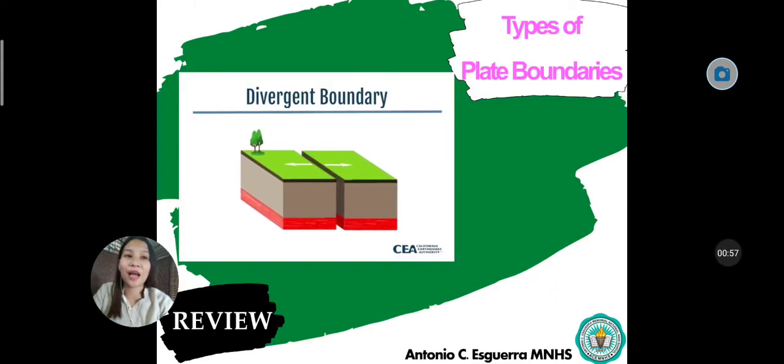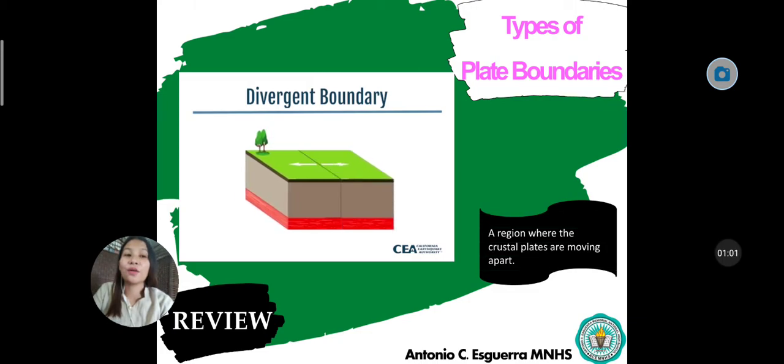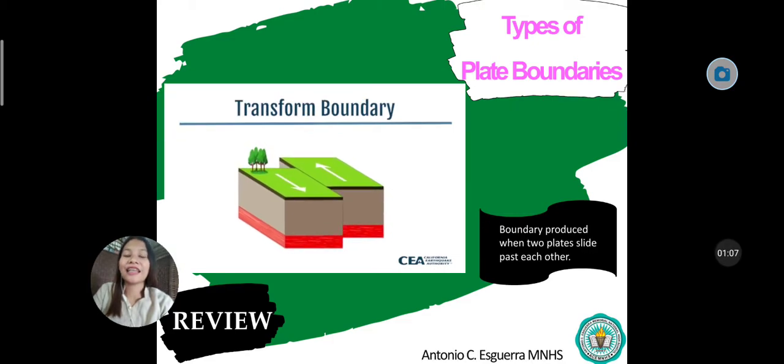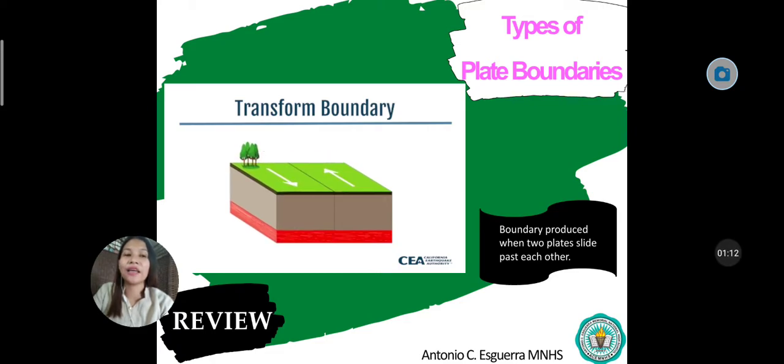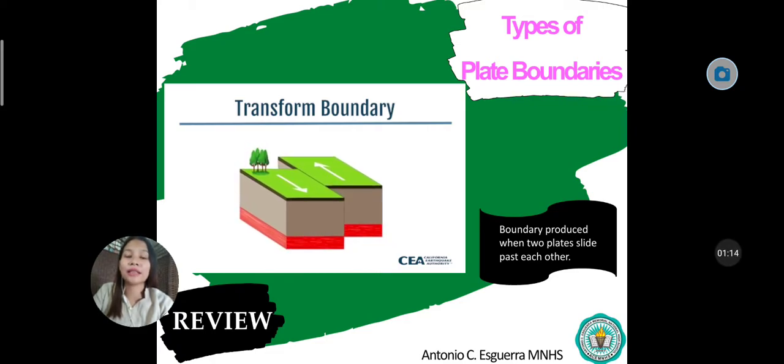The second type is the divergent boundary, a region where the crustal plates are moving apart. And the last type is the transform boundary, produced when two plates slide past each other.